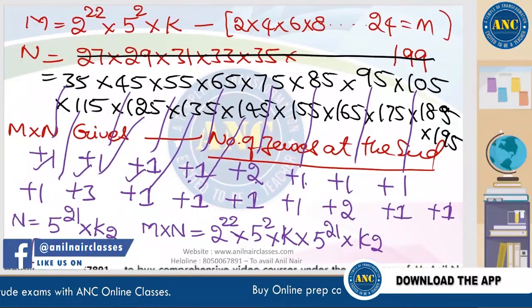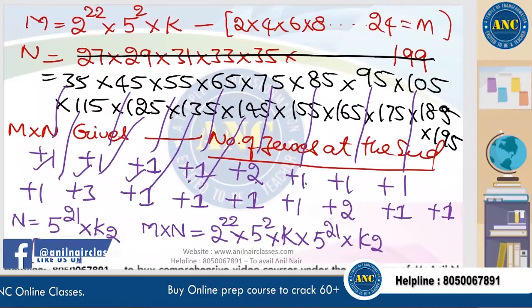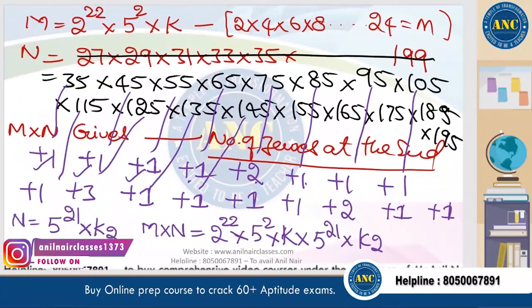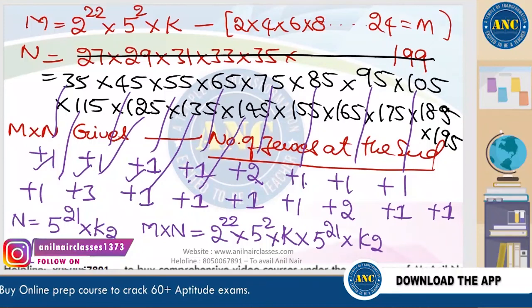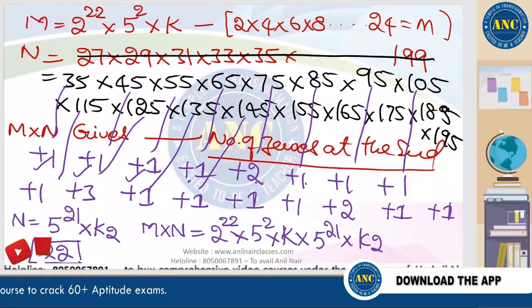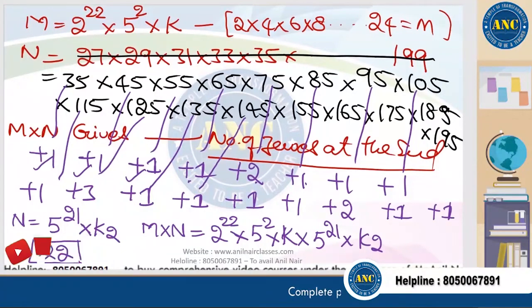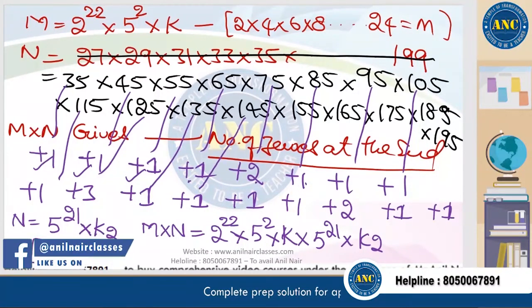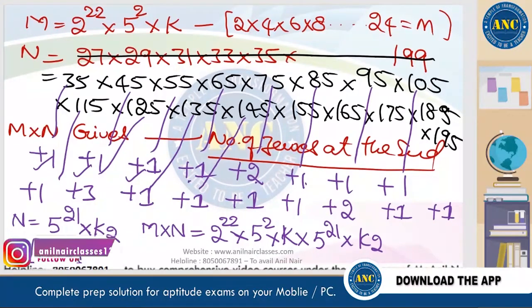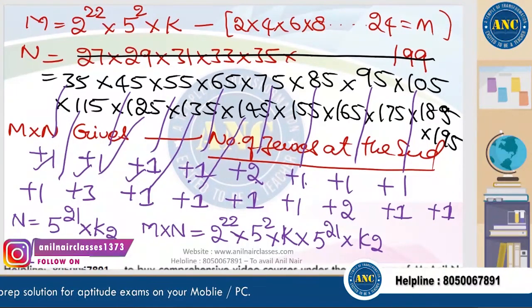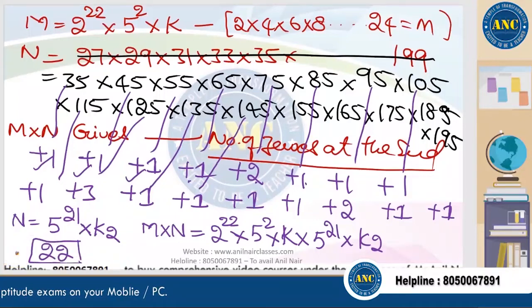Again I am explaining. M is the product of all even numbers from 2 to 25, 2, 4, 6, 8 till 24, which is nothing but 2 power 22 into 5 power 2 into k. N is the product of all odd numbers from 26 to 200. Odd numbers I took: 27, 29, 31, 33, 35.